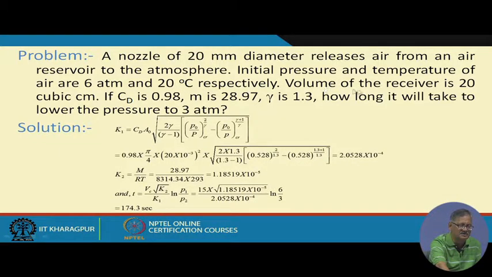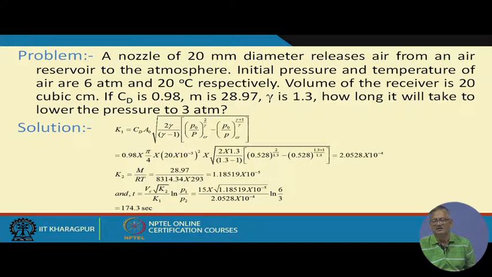Volume of the reservoir is 20 cubic centimeter. If coefficient of discharge CD is 0.98, molecular weight of air is 28.97, heat capacity ratio gamma is 1.3. How long will it take to lower the pressure to 3 atmosphere, right.